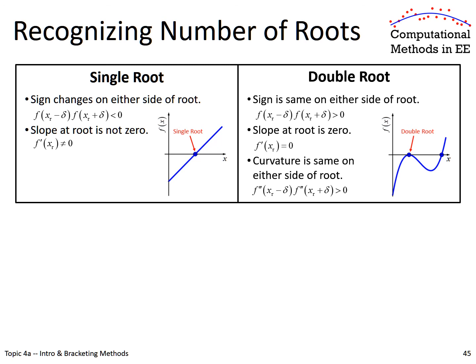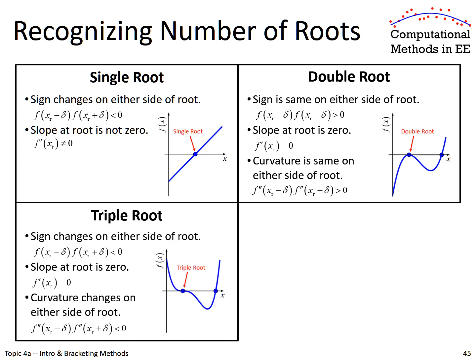The slope is 0 if it's a double root. In fact, the slope is 0 if it's any multiple root. And the curvature is the same on either side; we look at the second derivative. So all of these are signs that we're looking at a double root, but it requires knowledge of the function and its derivatives.